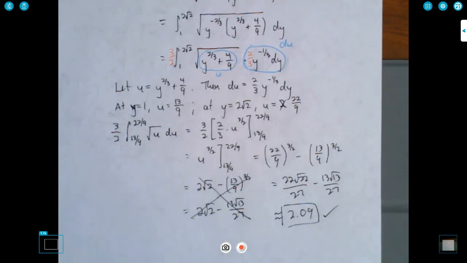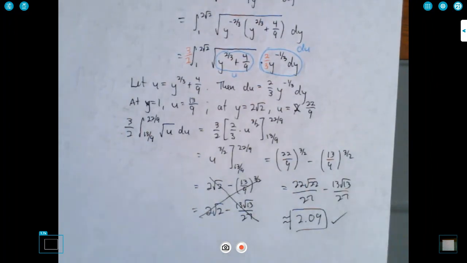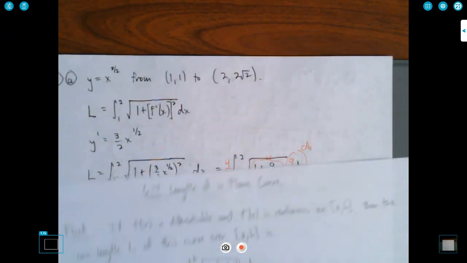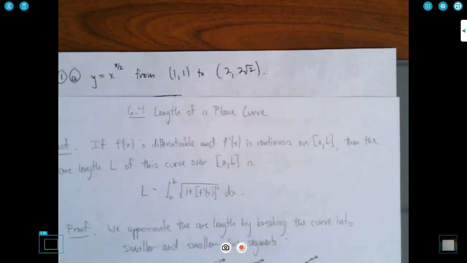Okay, well, there you go. Goodness gracious. So 2 arithmetic mistakes out of 2 problems. What are you going to do with me? Oh well, at least I caught them, right? And that's it. That's all I want to say about the arc length, or the length of a plane curve.